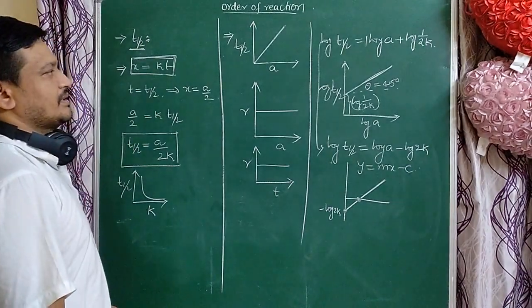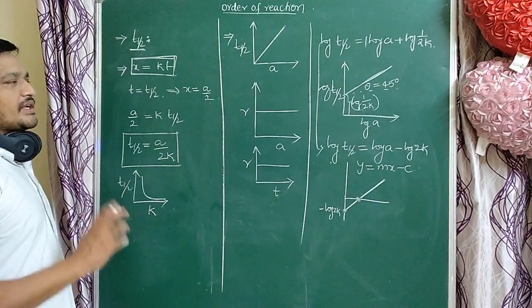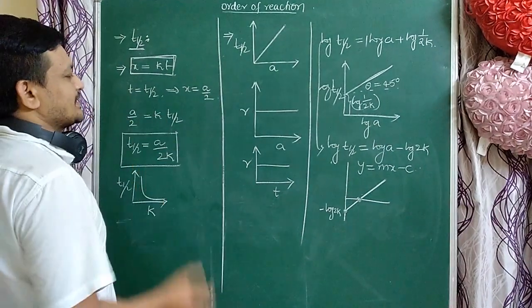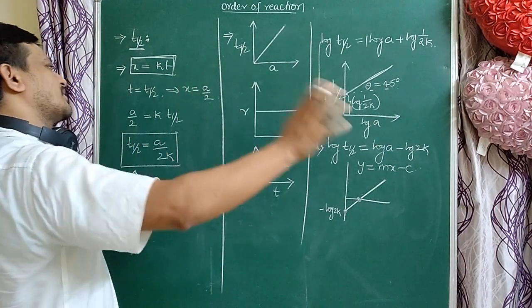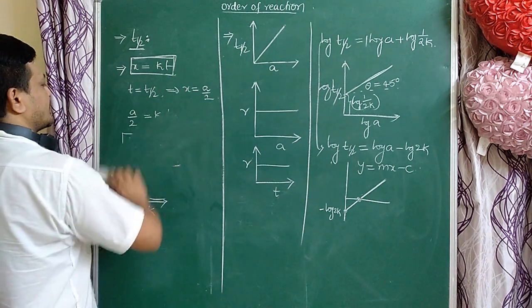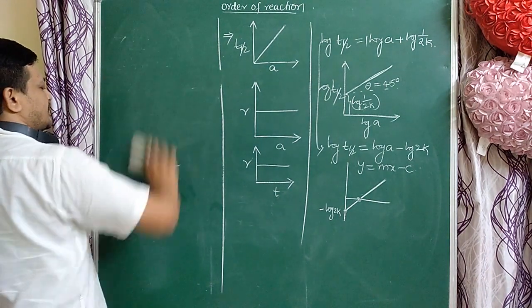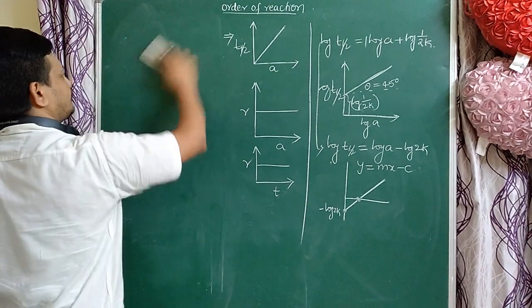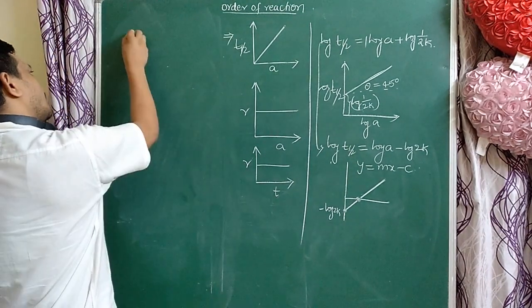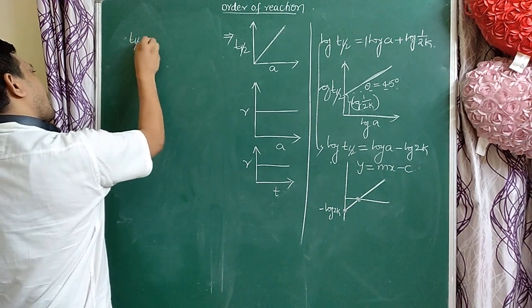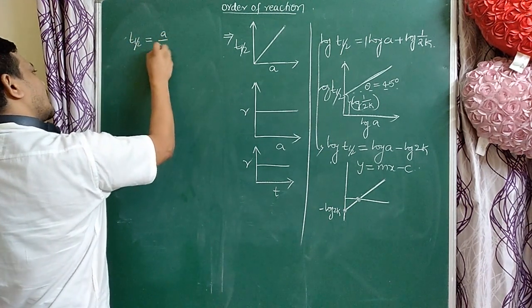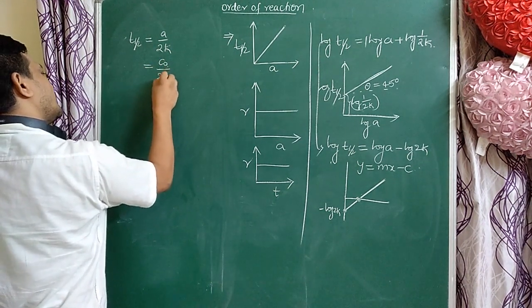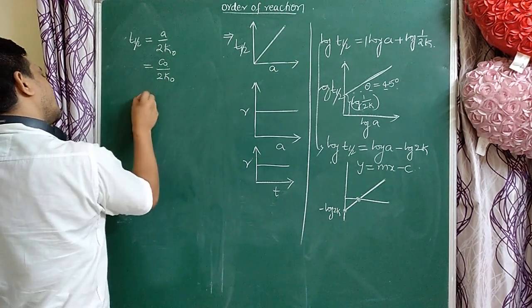Mx minus c. So the half-life of a zero order reaction is directly proportional to initial concentration. Initial concentration increases, half-life increases. That is very important. So another form: t-half equals a by 2k. Here a means initial concentration, C naught by 2k naught. k naught means zero order reaction.